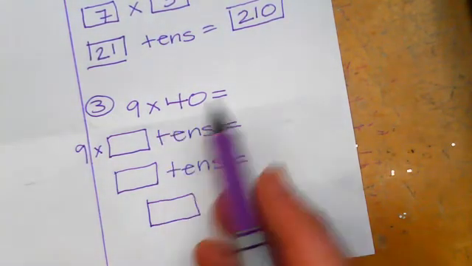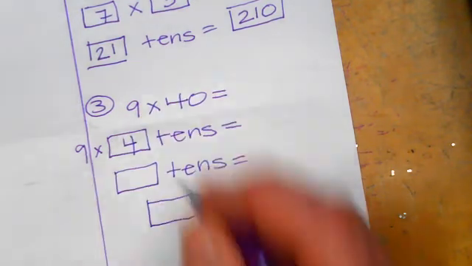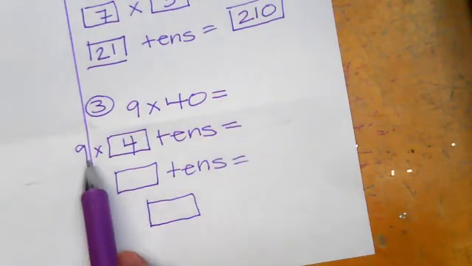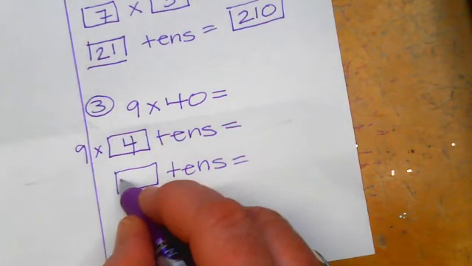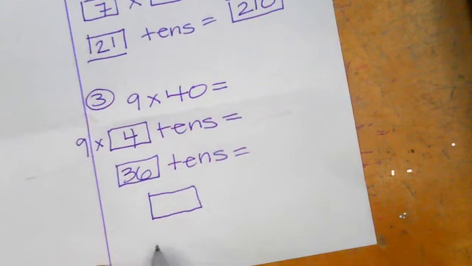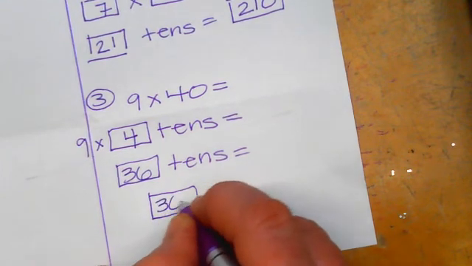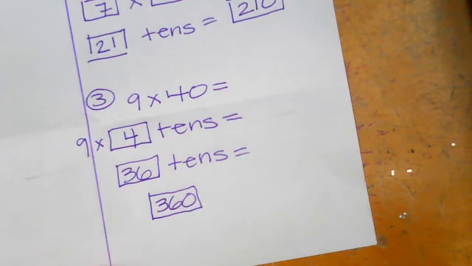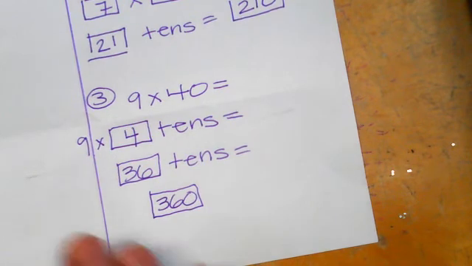So if I have 9 times how many tens? Well, that's 4 tens, right? And 9 times 4 is going to be 36 tens. And if I have 36 tens, I have 360 ones, right?